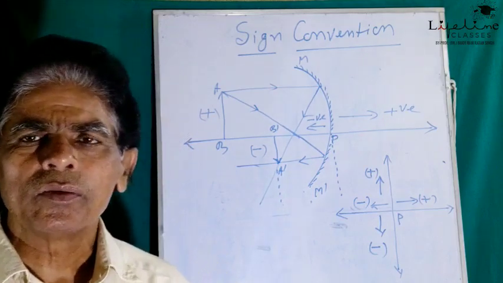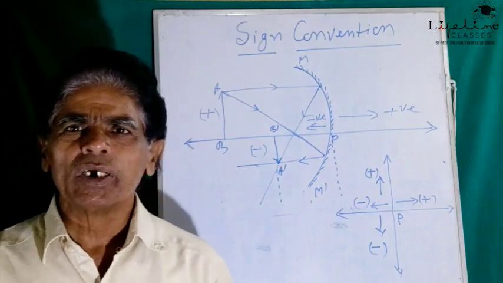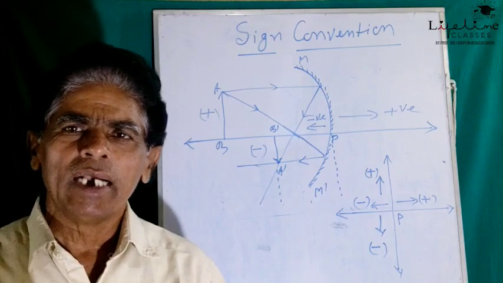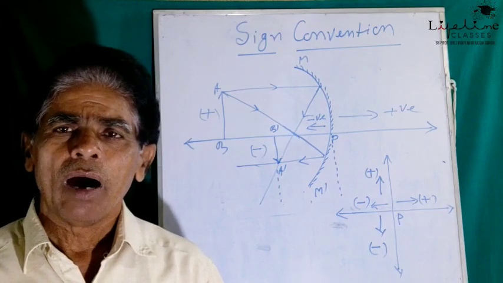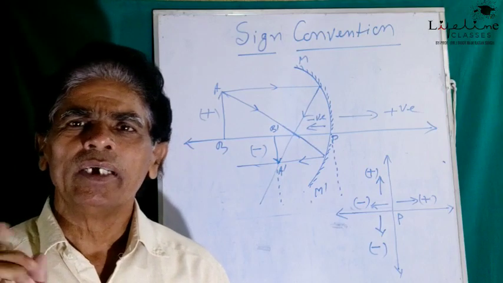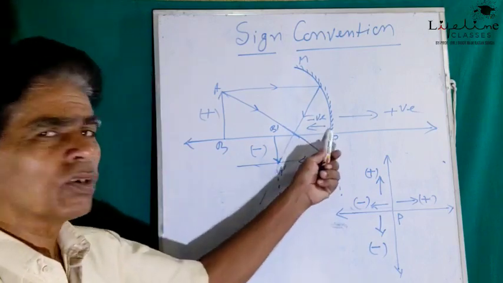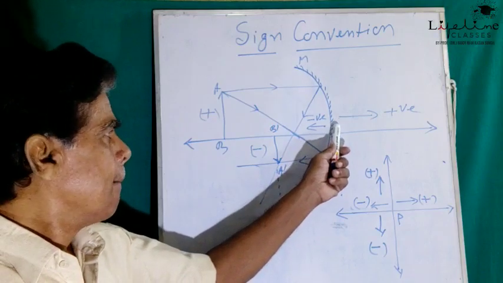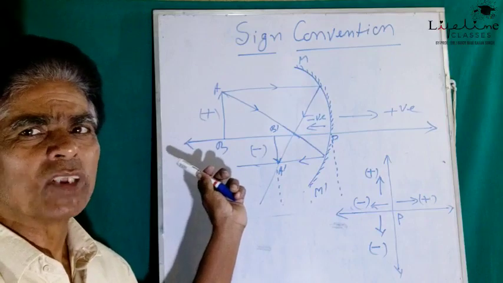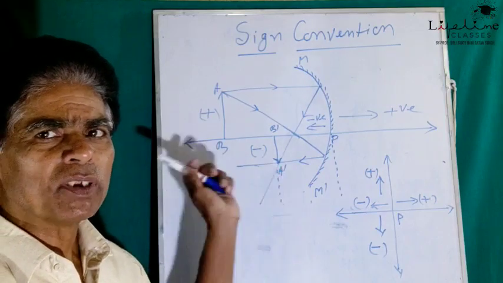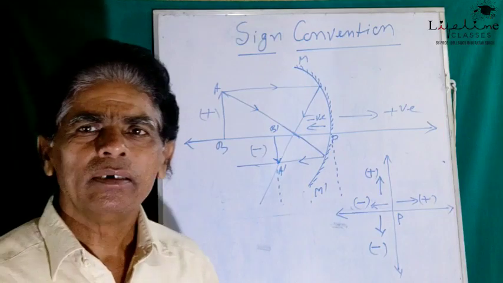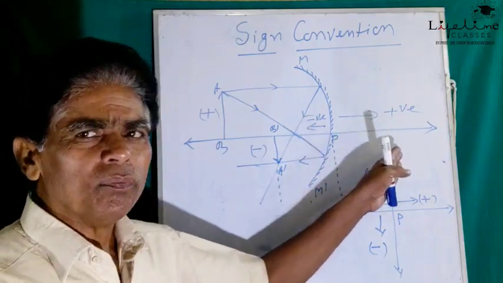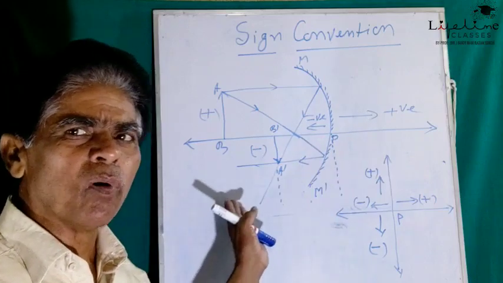In contrast to this, the distances measured in a direction opposite to the incident ray, means all the distances with respect to the pole when measured in the left side, all are taken negative. So right side of the pole positive, left side of the pole negative.